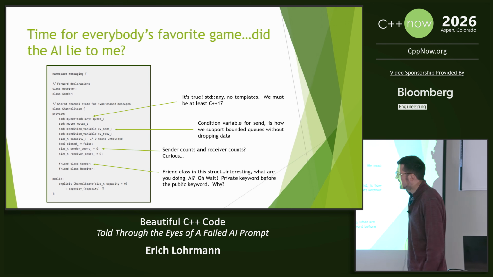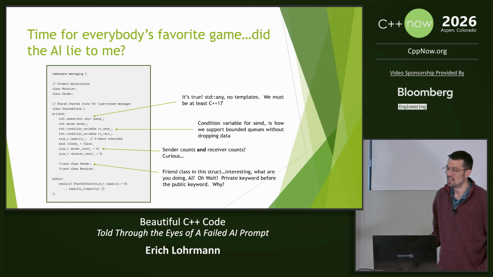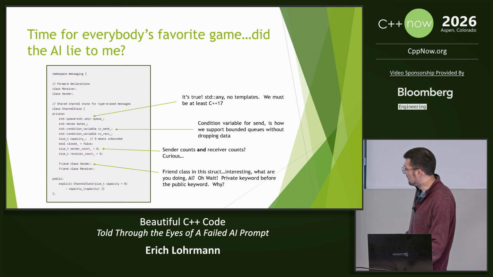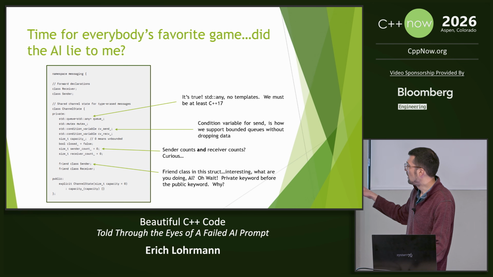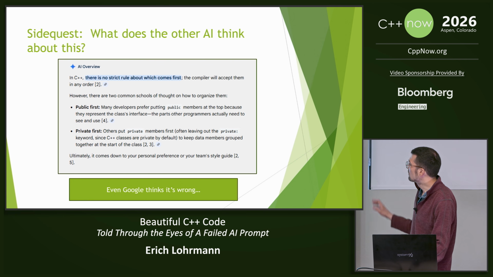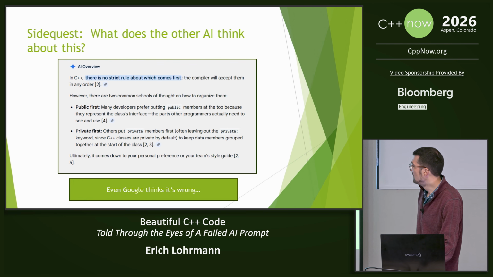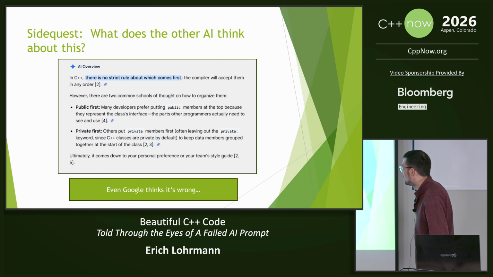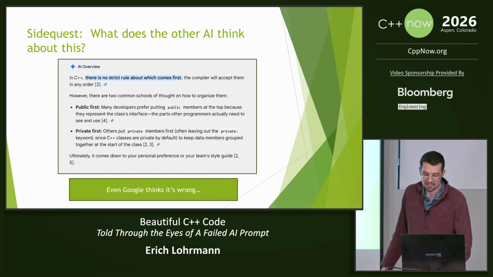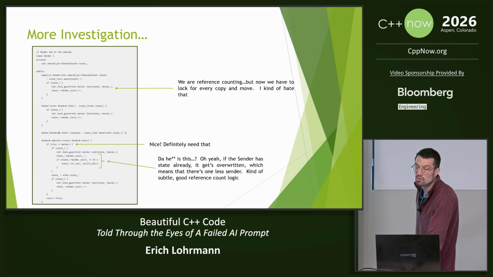So whatever, it's perfectly valid and it's fine, but it fooled me the first time around. And then, usually it's either public first or nothing first. I checked Google to make sure I'm not crazy about this, and it also kind of said the same thing, often leaving out the private keyword, but technically not wrong. There's nothing wrong with this.